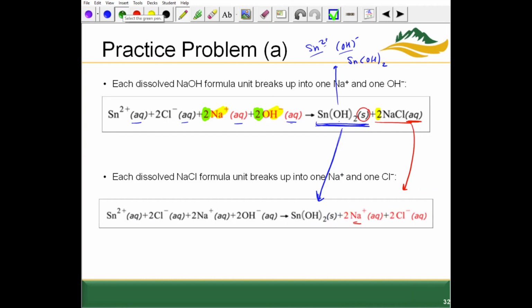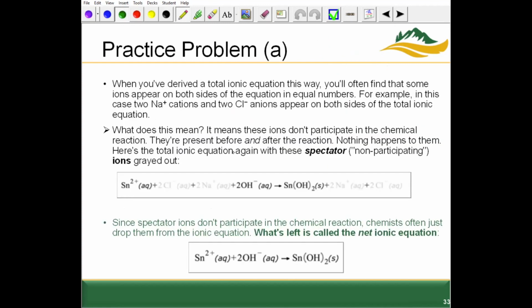The next thing to do here is to figure out what shows up on both sides of the reaction, which makes those ions our spectator ions. So if they show up on both sides of the reaction, it means they don't participate in the chemical reaction where a precipitate is formed. We're only focused on what forms that solid precipitate.